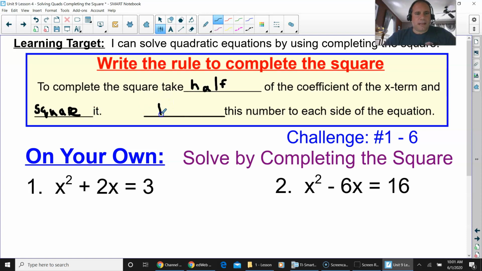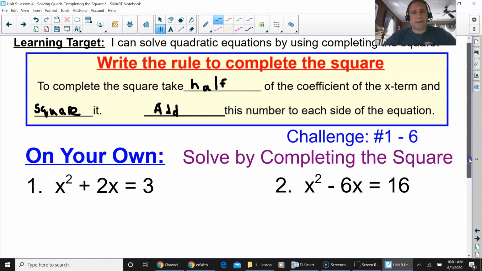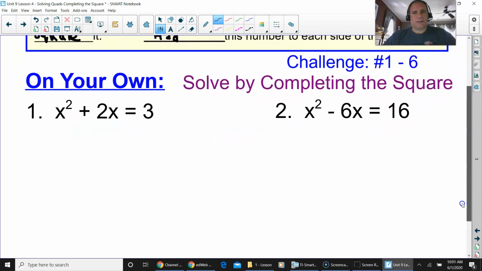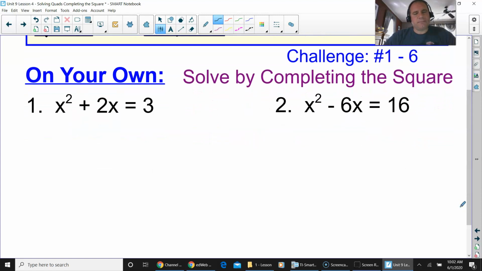Then you are adding this number, whatever that is, squared, to each side of the equation. So go ahead, see if you can do 1 and 2. We'll come back with the answers after you press pause and try them. Go ahead. Press pause and try these 2 questions now.